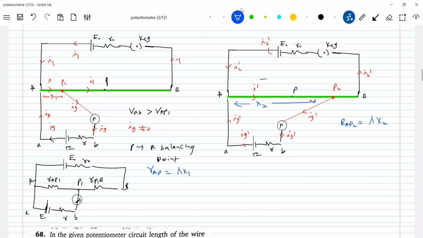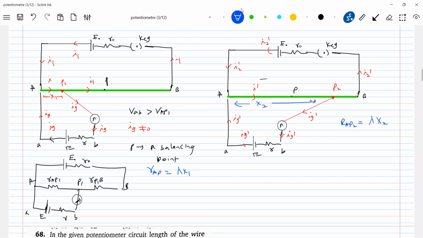So now a situation arises where the current through galvanometer will never become 0. Tell me what problem arises. You move from A to B, and the pointer will be only on one side. What does it mean? The EMF of the cell will be greater than the VAB.